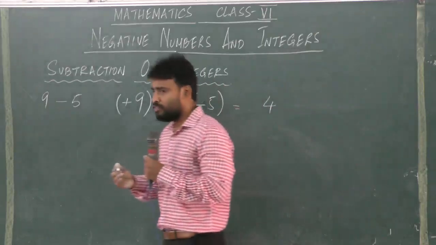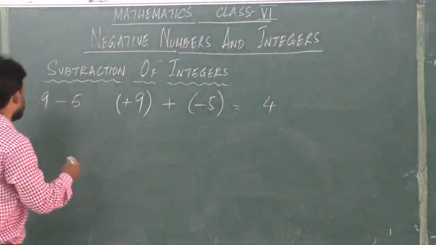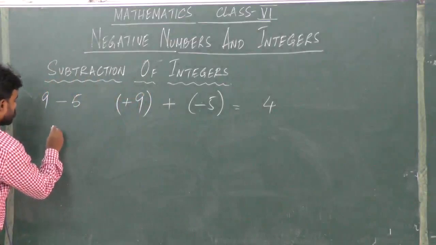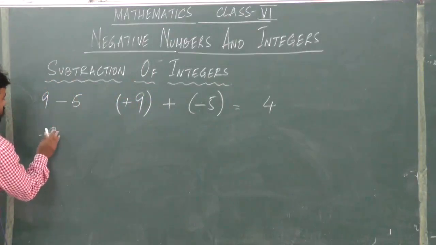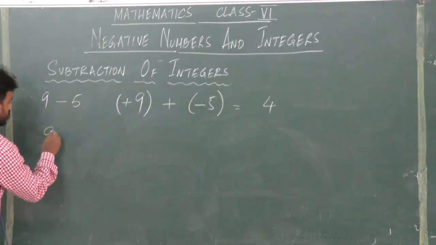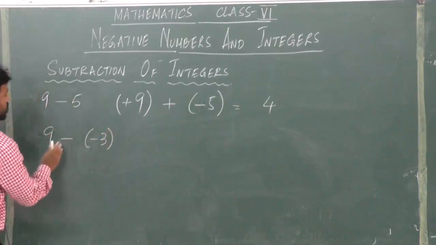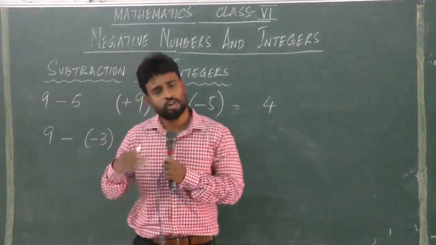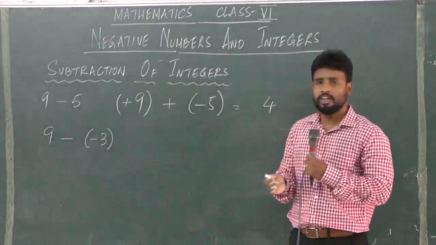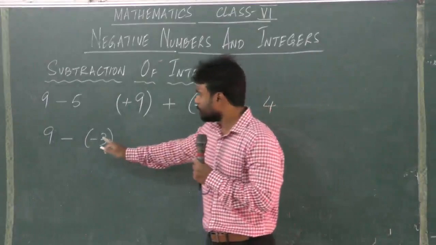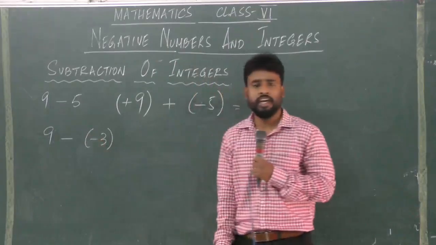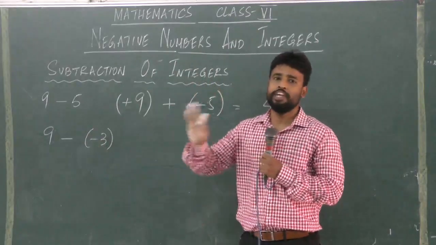For example, if you want to subtract, we have 9 and minus 3. Okay, we want to subtract. So instead of subtracting minus 3 from 9, we will add 3 to 9.